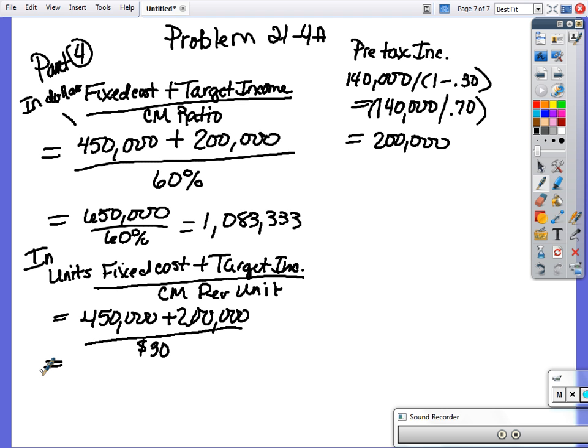Just using the information from the last problem. But this is basically 650,000 divided by the 30, which gives us what in units? 21,667 units.